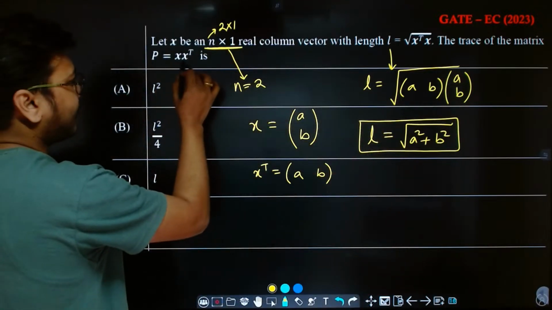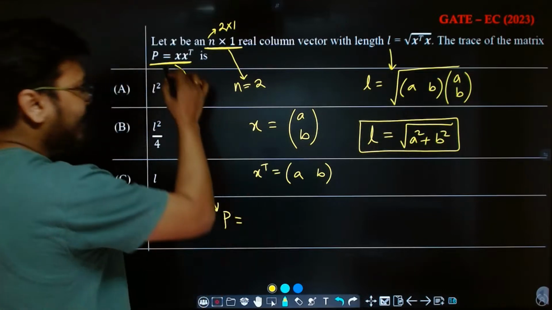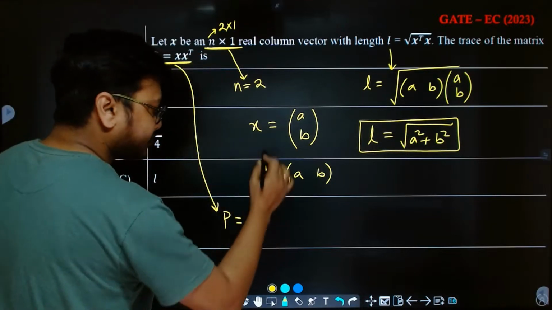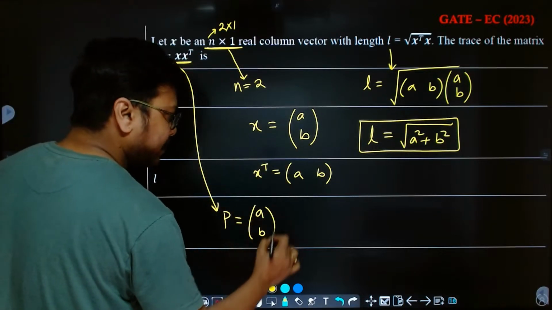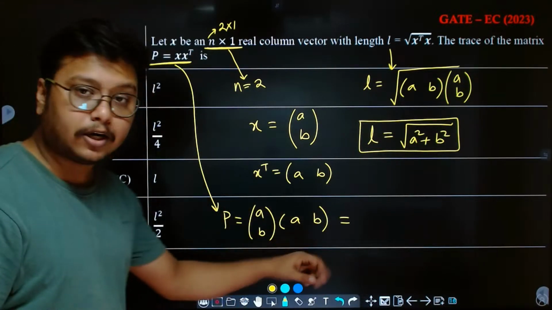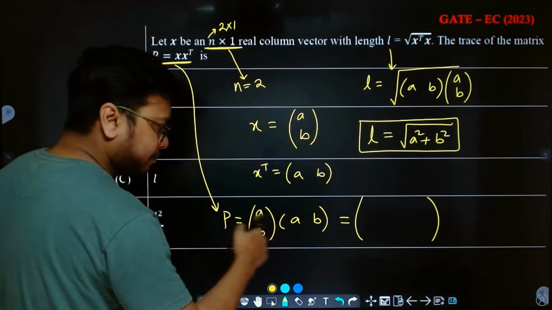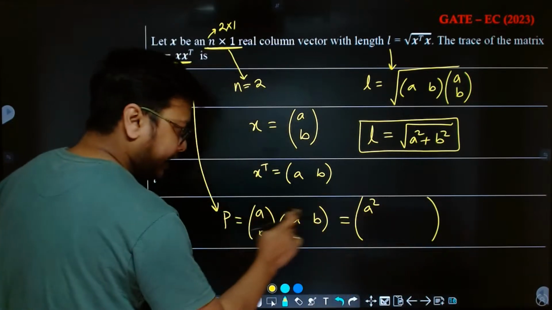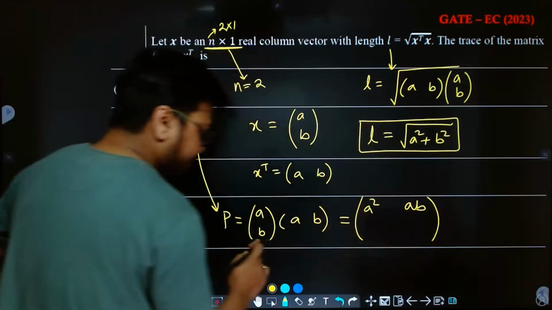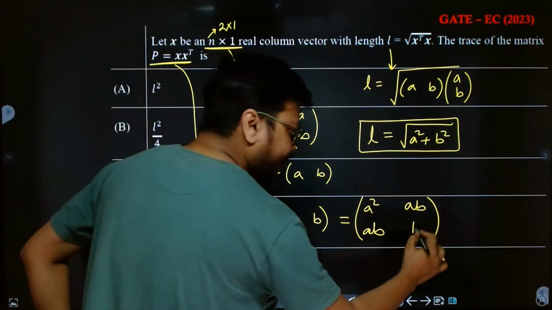Now you have to find the trace of P. Now P is X into X transpose, so column-wise a, b times row-wise a, b. If you do this multiplication, this will become a 2 cross 2 matrix: a square, a into b, a b, b into a, that is again a b, and b square.